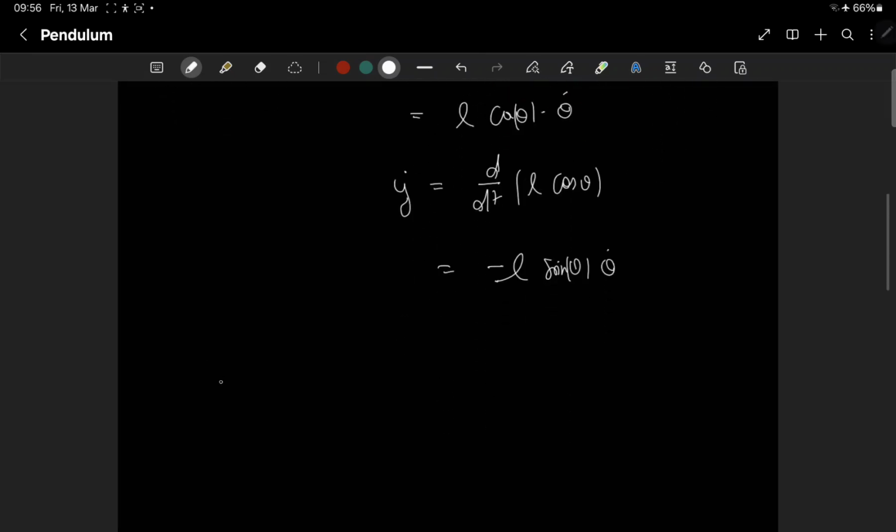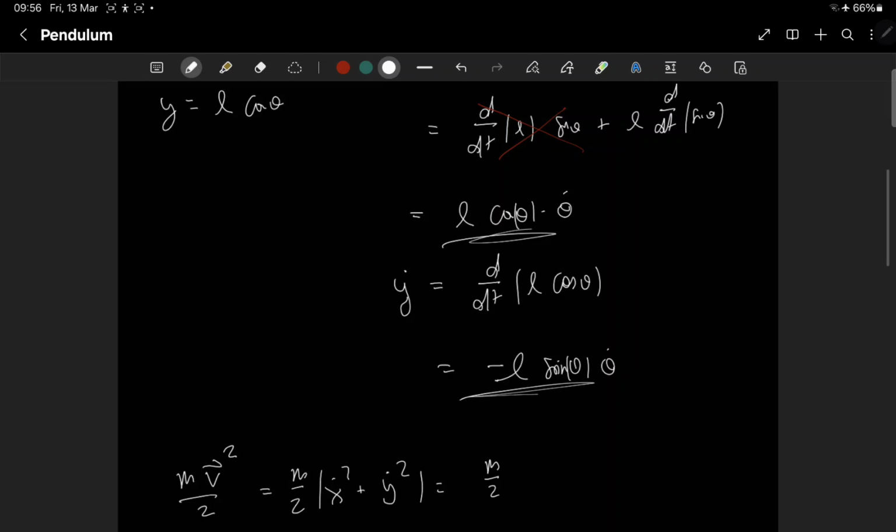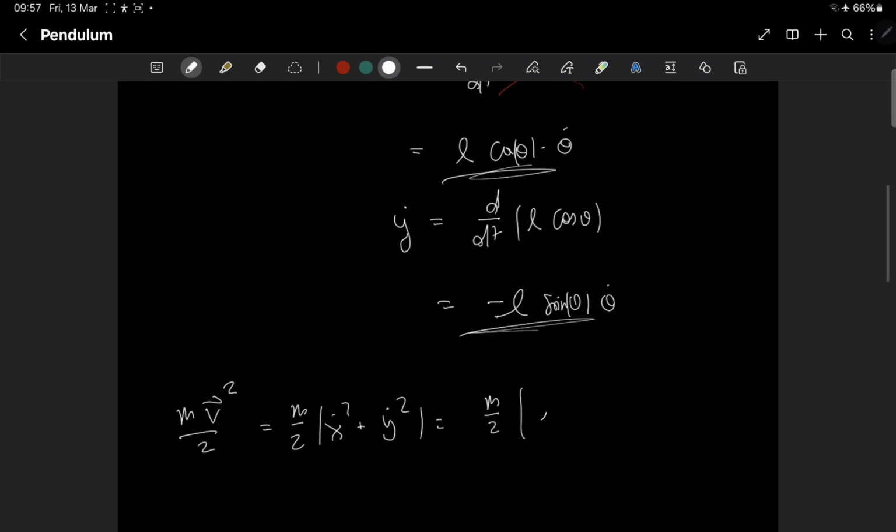So we've got that m times v squared half is equal to x dot squared plus y dot squared times m half. So this is m half, and now we just take these two guys, square them and add them. We've got L squared cosine squared theta times theta dot squared plus L squared sine squared theta times theta dot squared.